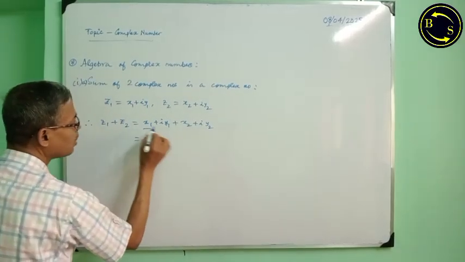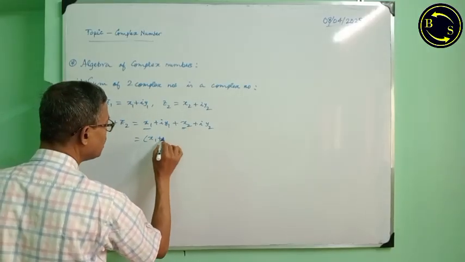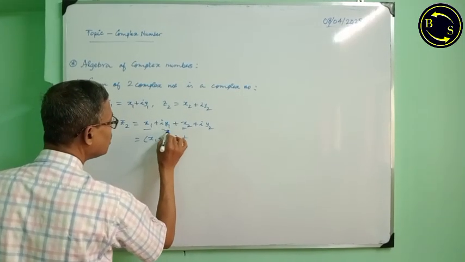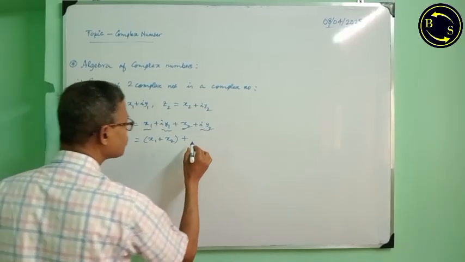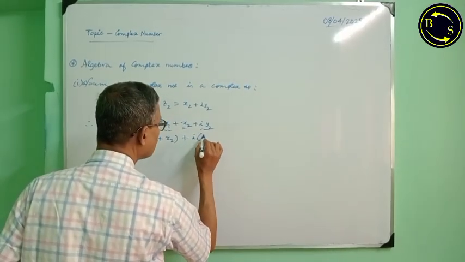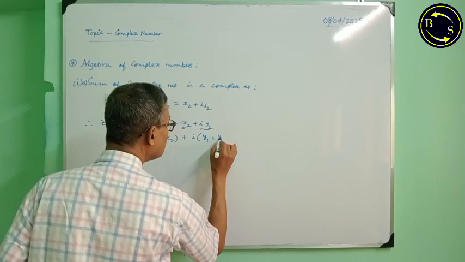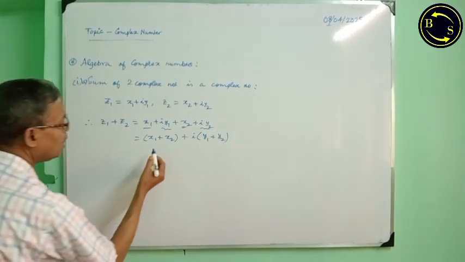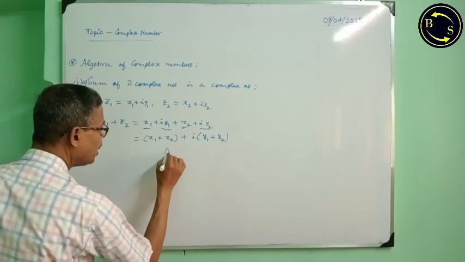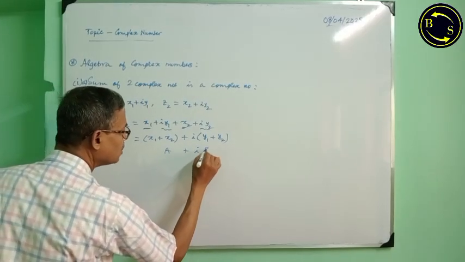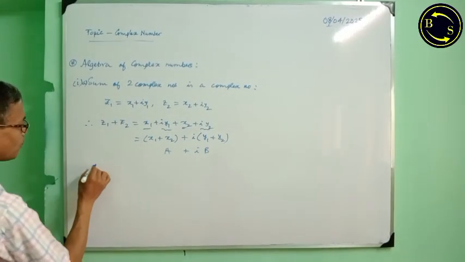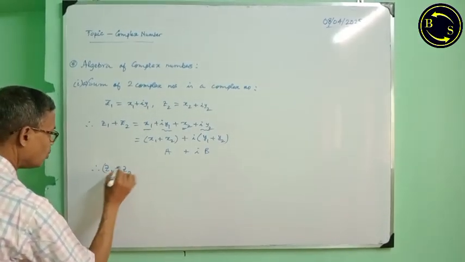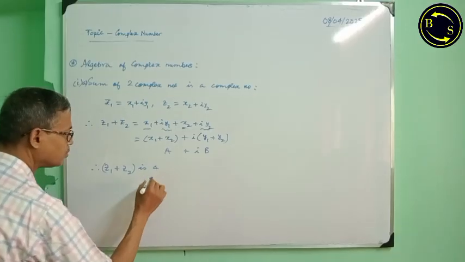I take the real parts together, that is x1 + x2, then the imaginary parts, from which I can take i as common factor. Therefore, which is of the form a + ib. Therefore, Z1 + Z2 is a complex number.